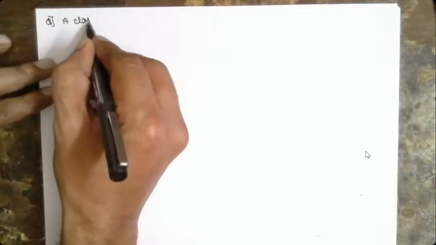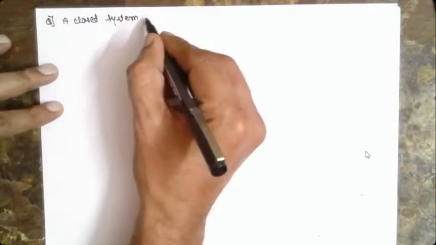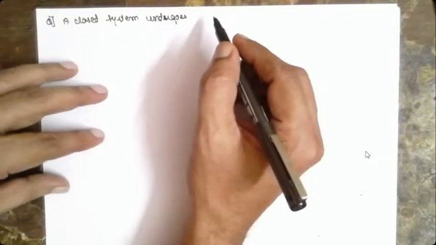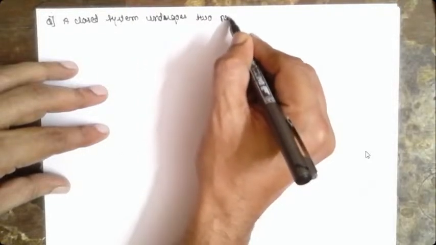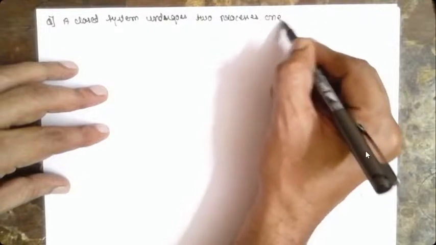Today's problem is a closed system undergoes two processes one after the other.